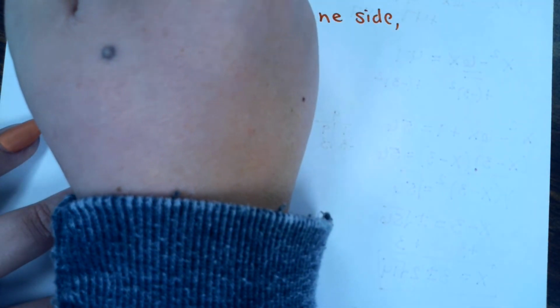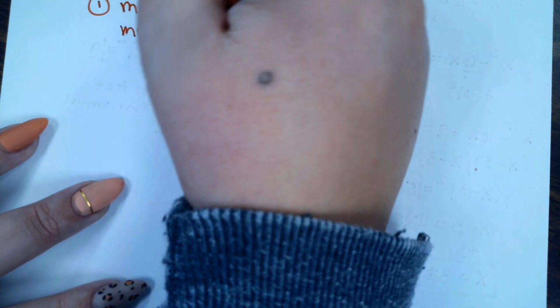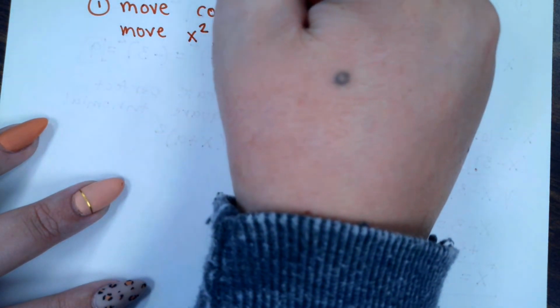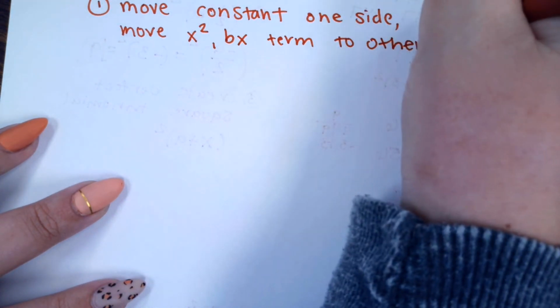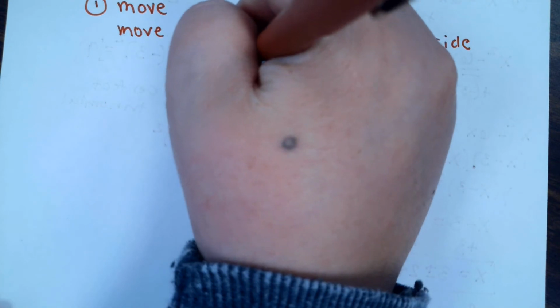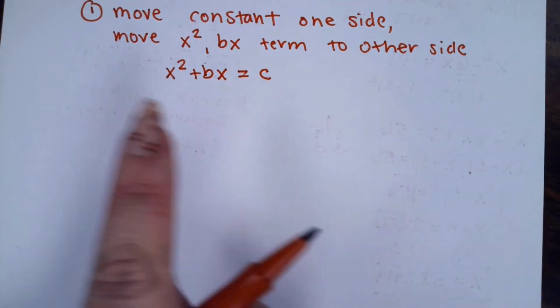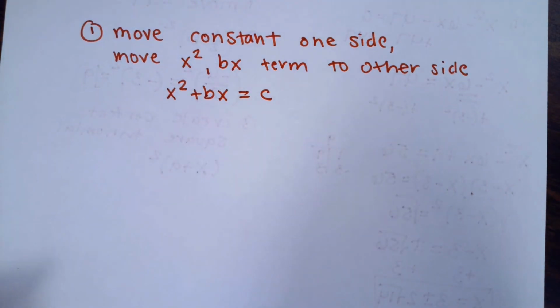and sometimes you might have to move the other terms. So the x squared and our bx term to the other side. So you always want your equation to look like x squared plus bx equals c. So your constant on one side, your x and your x squared term on the other.